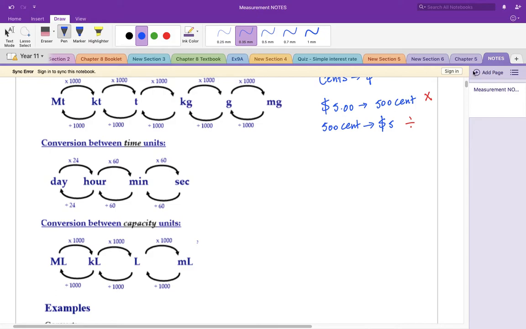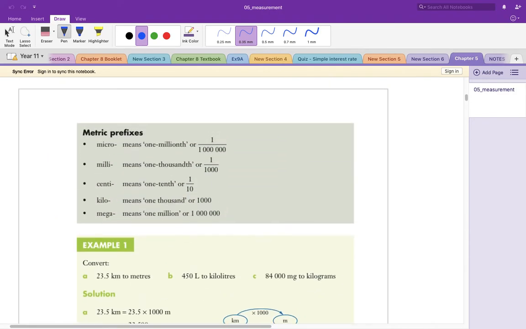And I think there's a section in the textbook that's quite helpful. Actually, 2 sections. First one is where it tells you the prefixes. So the ones you really need to understand is milli means one thousandth. So say millimeters, one thousandth of a meter.